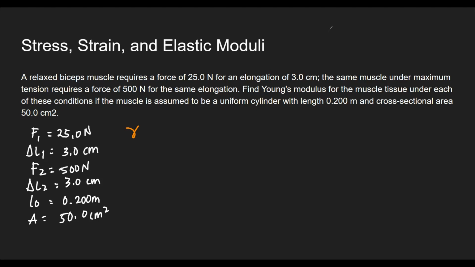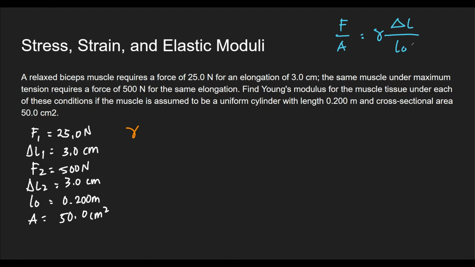By definition, Young's modulus, in terms of your force, is force over area, equal to Young's modulus times your deformation over your original length. So change in L over L0.